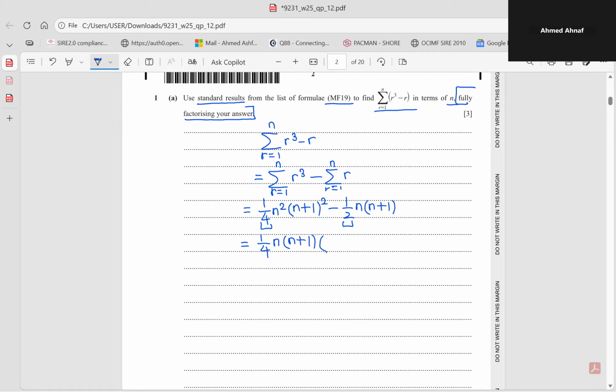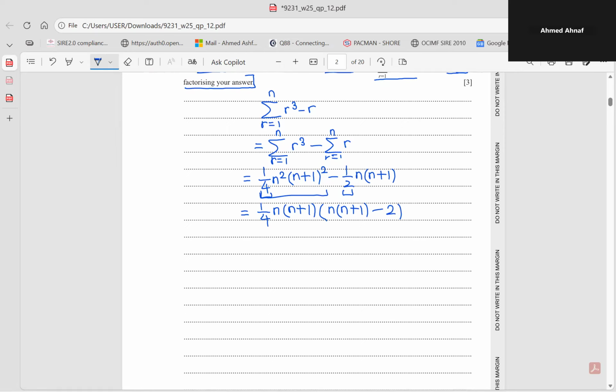So for the first expression, you would have n times n plus 1 left. And for the second one, half n times n plus 1, you would have half divided by 1 over 4, which I believe is just 2. Yeah, it's just 2.